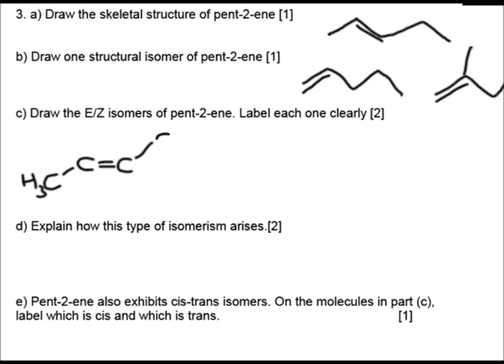So if the ethyl group goes on this side, C2H5, we can then fill in the hydrogens. So the two priority groups, which are the methyl and the ethyl, are on opposite sides of the double bond. This therefore will be the E isomer.